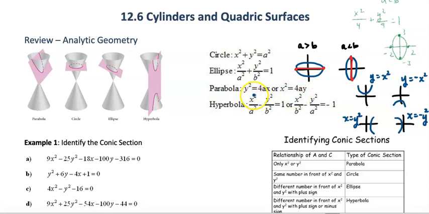Now this 4 just comes from the definition of a parabola, where a is the focus of each parabola, and there is a proof for that. I'm more than happy to give that to you if you are interested. But in general, we just know that our parabola is going to just be either x squared or y squared is equal to something. That's all we really need to know for now.